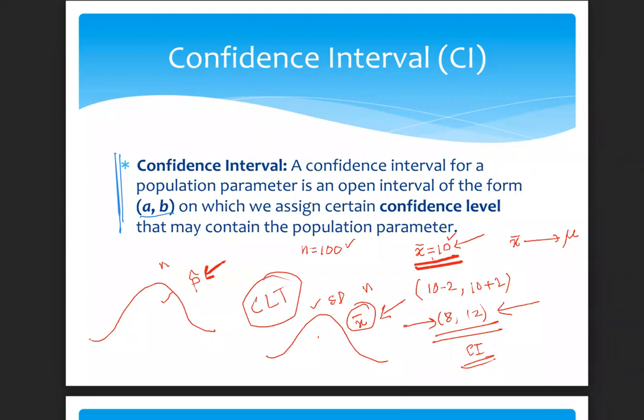So the way we had a sampling distribution for sample means, we have a sampling distribution for sample proportions too. There is an equivalent version of central limit theorem for it. And you will see there is something called np greater than or equal to 10, and n times (1 minus p) is also greater than or equal to 10. These two conditions have to be satisfied.